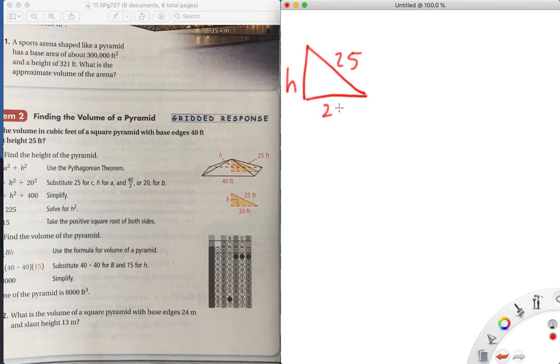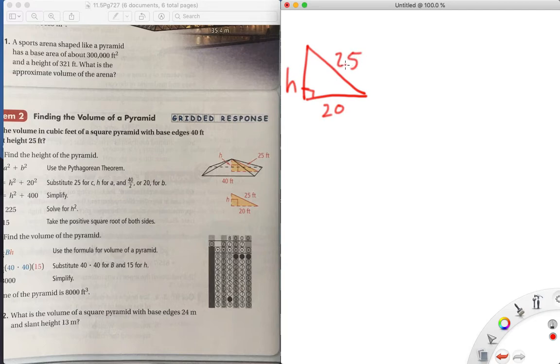So this is going to be 20, because that's the apothem of a regular quadrilateral. This is a right triangle since the height forms a perpendicular intersection with the base. So we can use the Pythagorean theorem to find out the height.